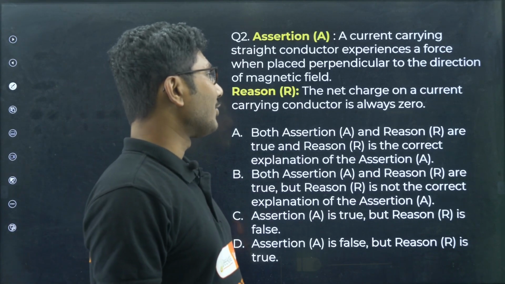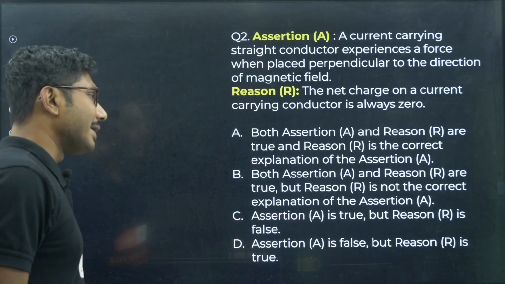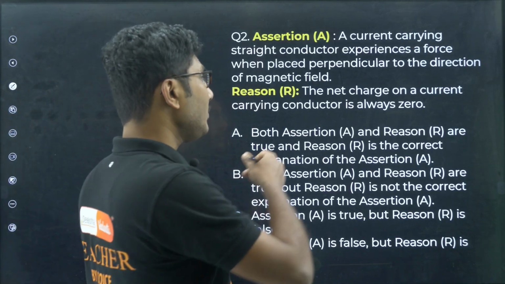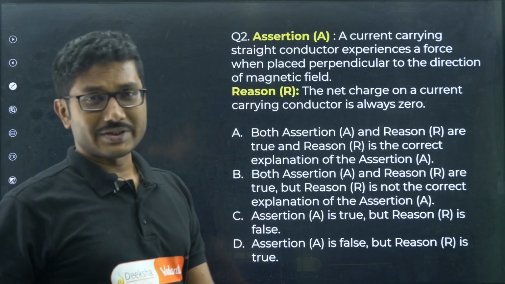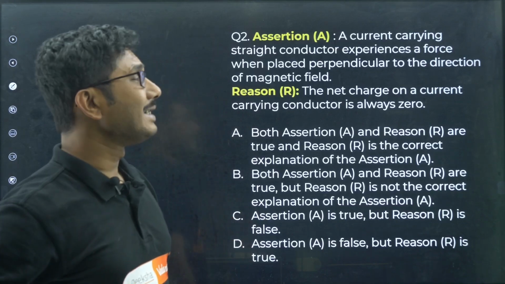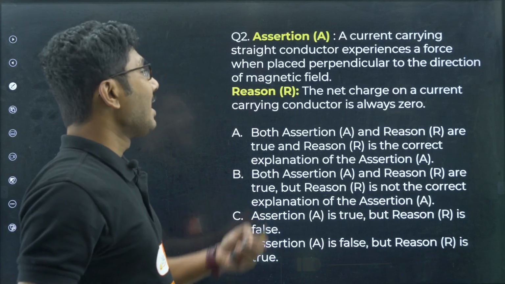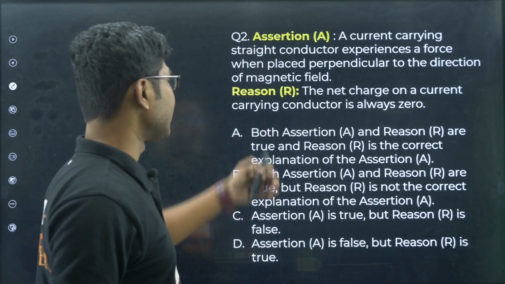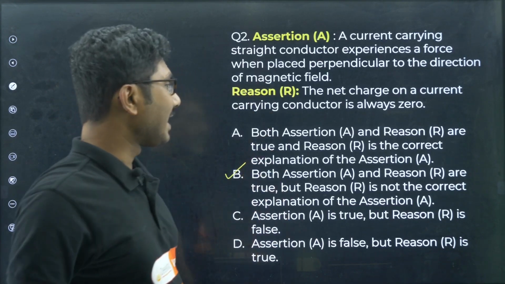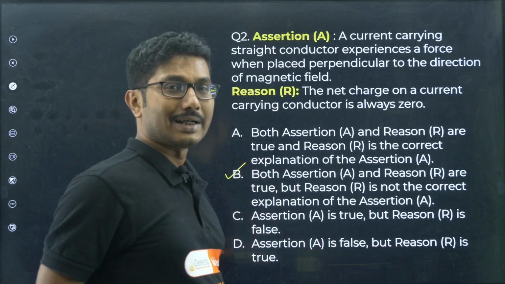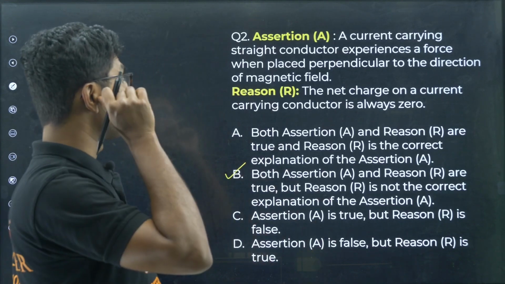The net charge on a current carrying conductor is always 0. Now, both assertion and reason are actually correct. We discussed it in our previous year question discussion, but there is no direct relationship between assertion and reason. So both are correct, but reason is not the correct explanation of the assertion, right?